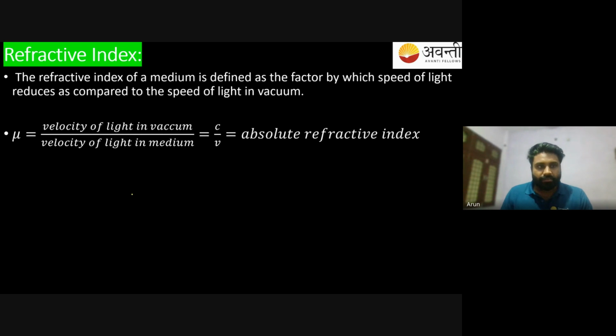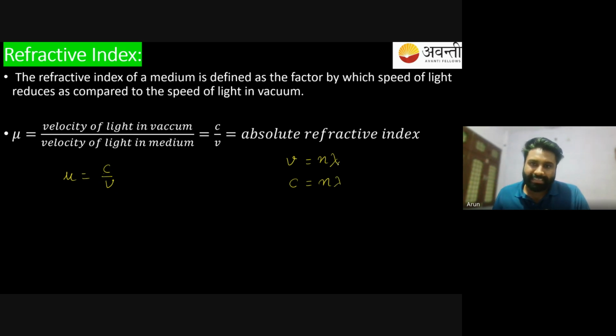Okay. So from here you can see that mu is equal to c upon v. You all know that this is a very beautiful formula, and I have discussed it in the properties of light. v is equal to n lambda, where n is the frequency and lambda is the wavelength. This will also be true for c, the speed of light, n into lambda.